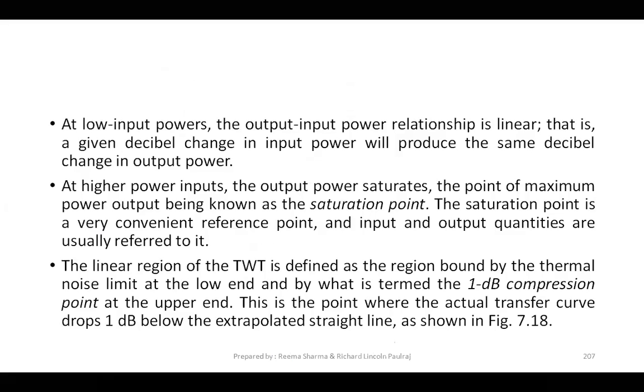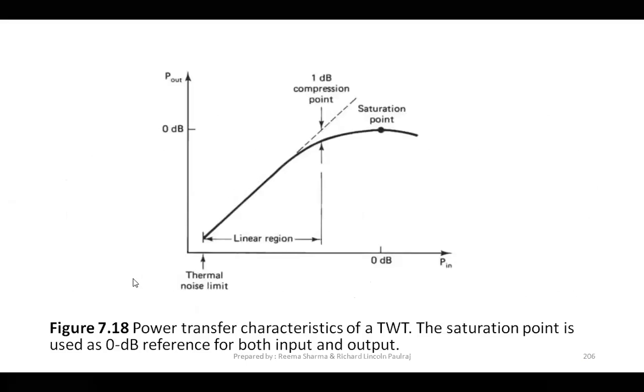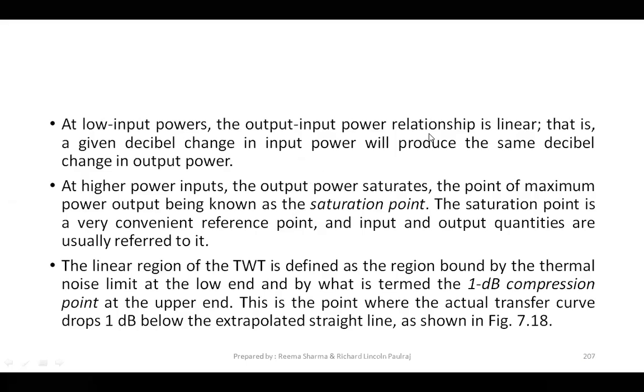During the linear region, we take 1 dB as our reference, and this is the point where the transfer curve that you can see in the figure we saw previously is going to be linear. After this compression point, you can see that the linearity is lost.